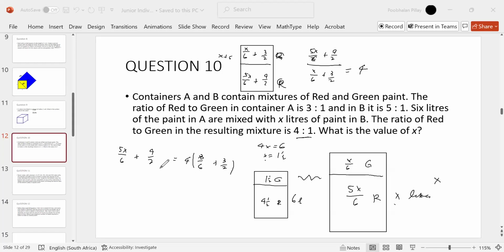And when I don't like to work with fractions, I multiply right throughout by some number so that what I call flatten the expression. Now I've got 6 and 2 here. I can multiply this entire thing by 6 and the fractions will go away. So if I multiply the left-hand side by 6, I have 6 times that. Multiply this by 6. 2 goes into 6 3 times, so you have 27. Multiply this by 6, and you will have 24 times x over 6.